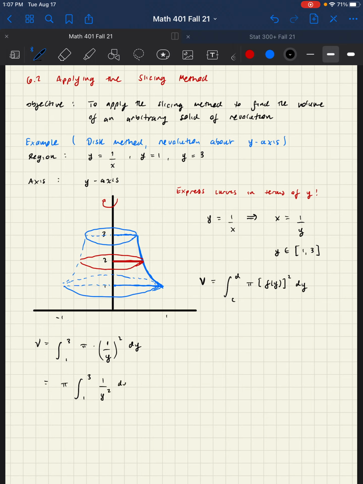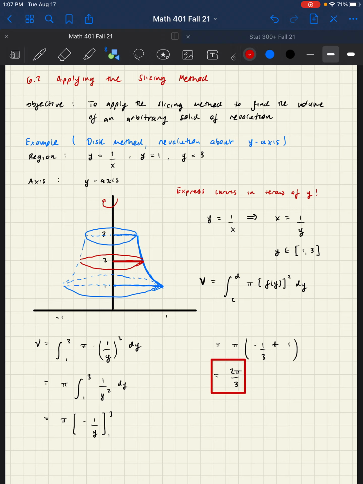Pull out the pi, integral from 1 to 3, 1 over y squared dy. This will be pi times negative 1 over y from 1 to 3. So I'll continue that calculation over here. Pi times negative 1/3 plus 1, and that turns into 2 pi over 3.